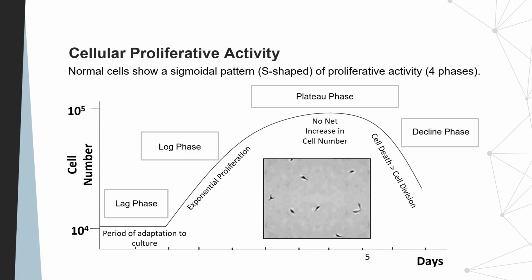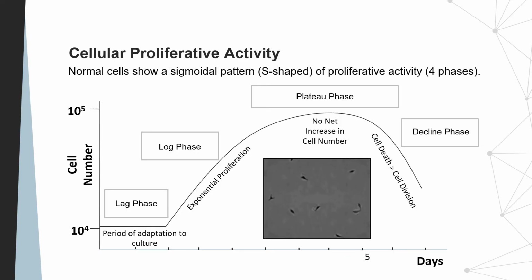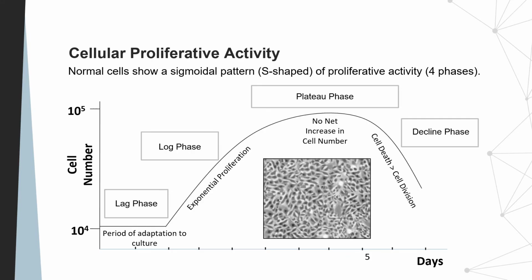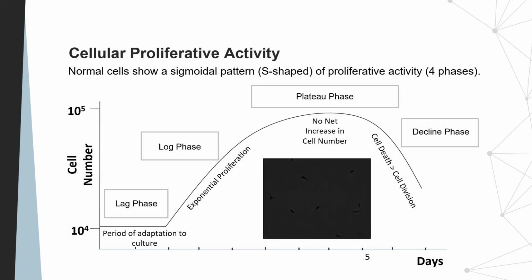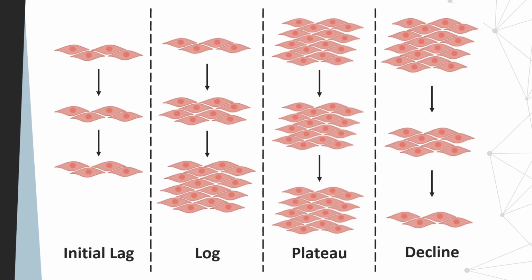The proliferative activity of normal cells typically follows a sigmoidal pattern, characterized by 4 distinct phases: the lag phase, the log phase, the plateau phase, and the decline phase. The lag phase is the period of adaptation to the culture environment.